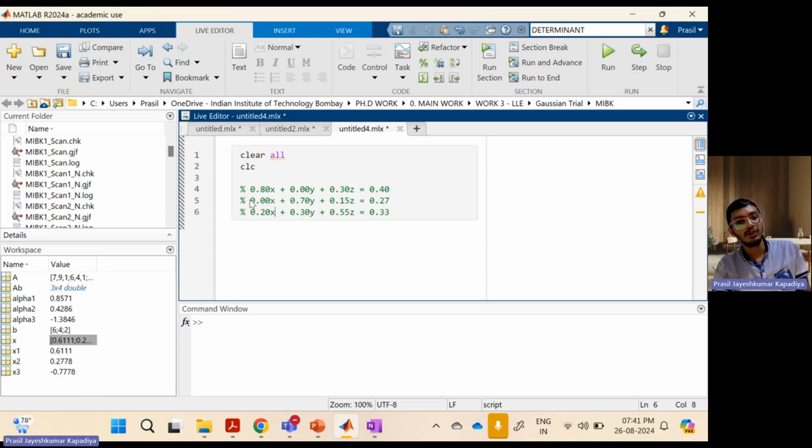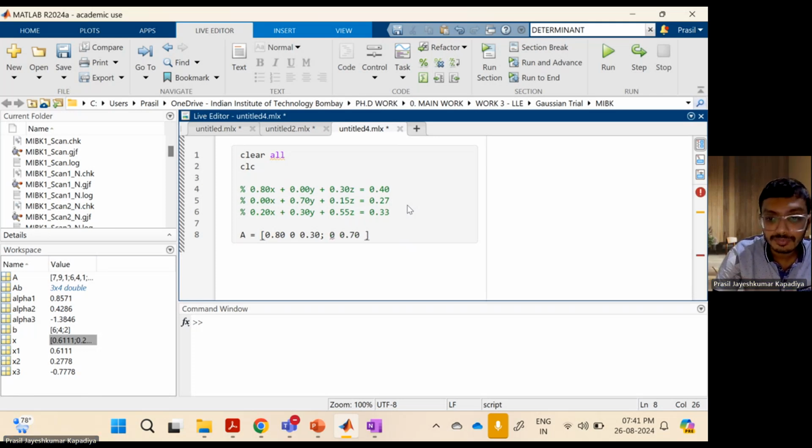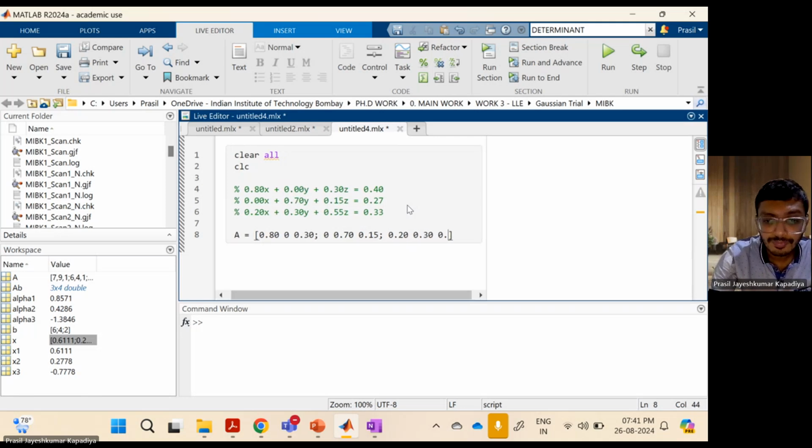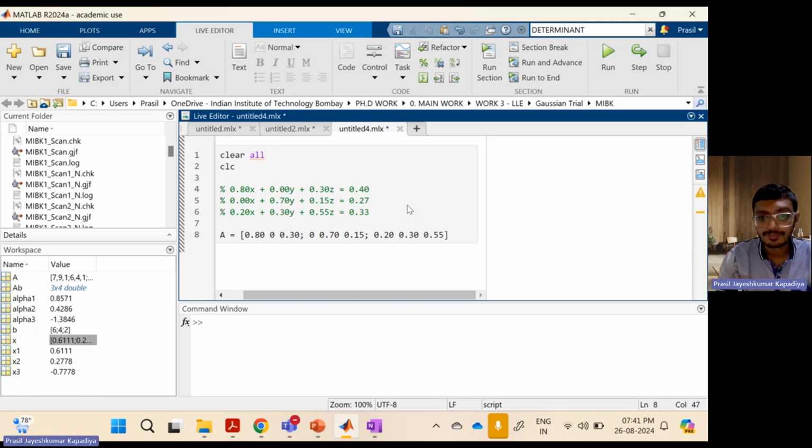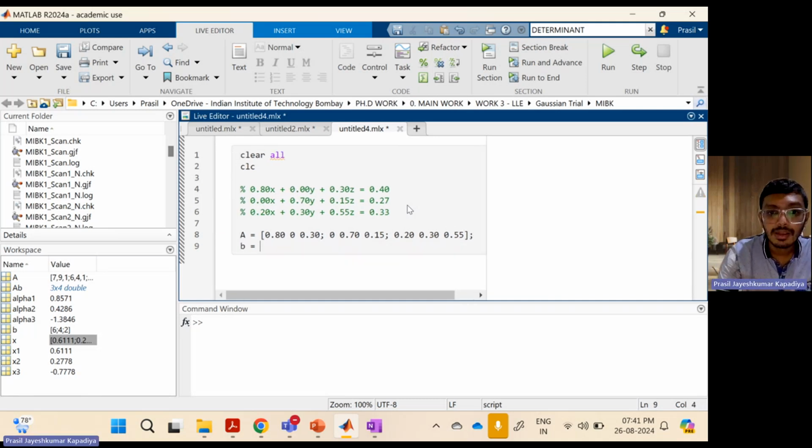Now it's easy to understand. My coefficients, A is equal to 0.80, 0, 0.30, 0, and so on, correct? My matrix B is this one.